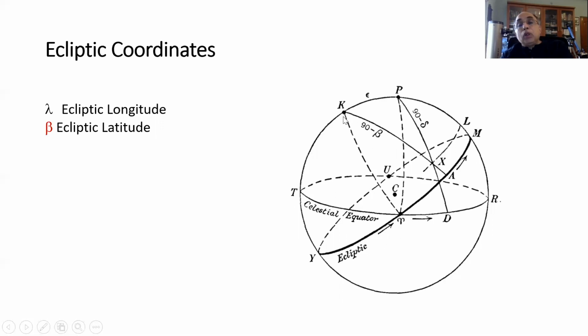And for any object X, we draw a great circle this time from KX and see where it meets the ecliptic. And the angle ACX will give you the latitude. And from the vernal equinox, this angle from Aries to C will give you the longitude.